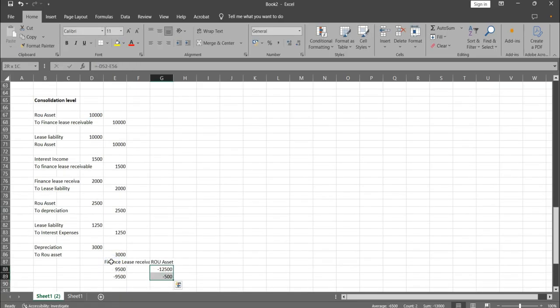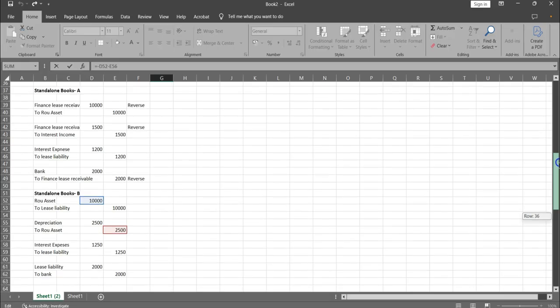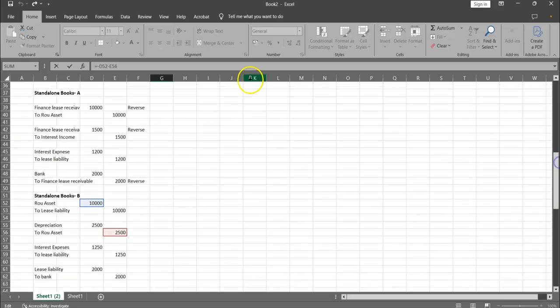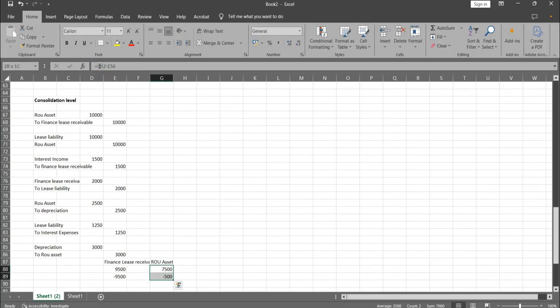Okay, and for example, ROU asset in the books of entity A was appearing as this. We have debited this. No, I have mistakenly put a minus sign over here. Yeah. So our ROU asset will show the balance of 7,000.